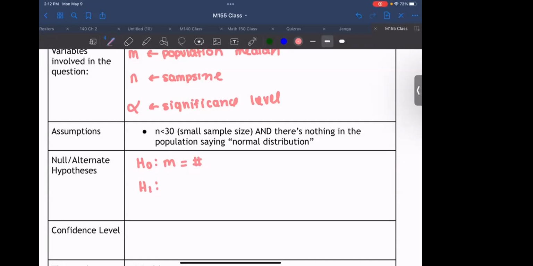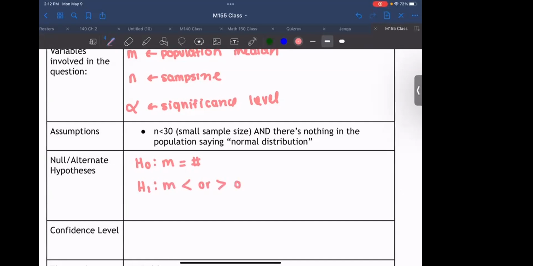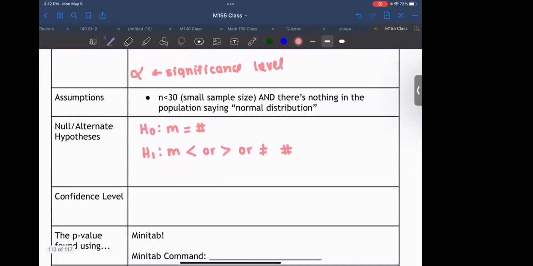H1 is going to look a little bit different. Instead of mu being less than, greater than, or not equal to a number, we're going to have M being less than, or greater than, or not equal to some sort of number. So this is how we set up our alternate and null hypotheses for these types of questions.